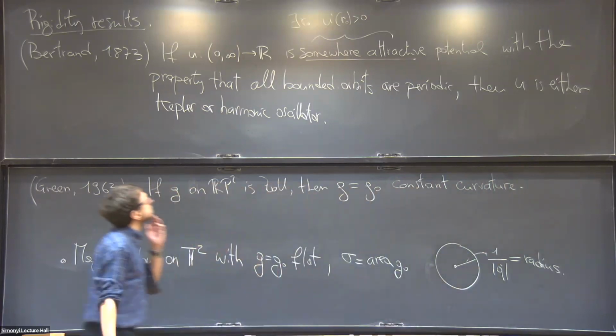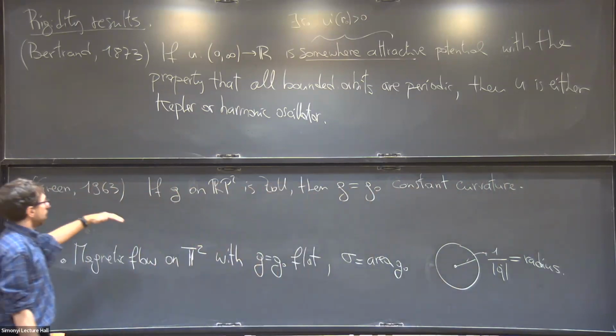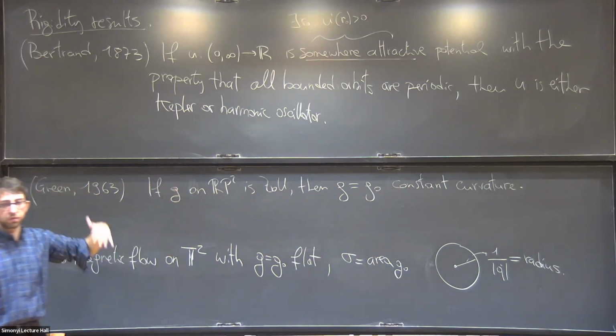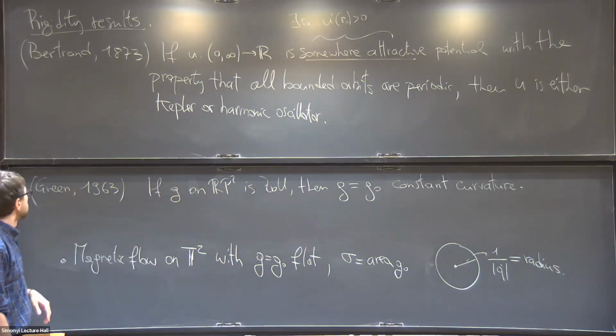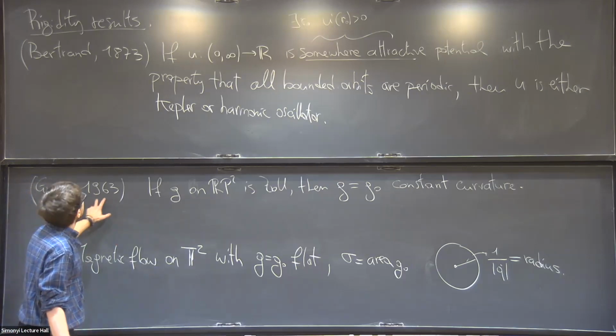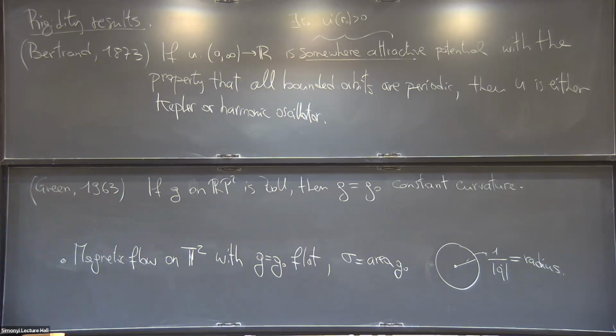Here, in some sense, the energy business is not relevant anymore since all energy levels are conjugated. So asking for one energy or all energies is the same thing, but this rigidity comes from topology.